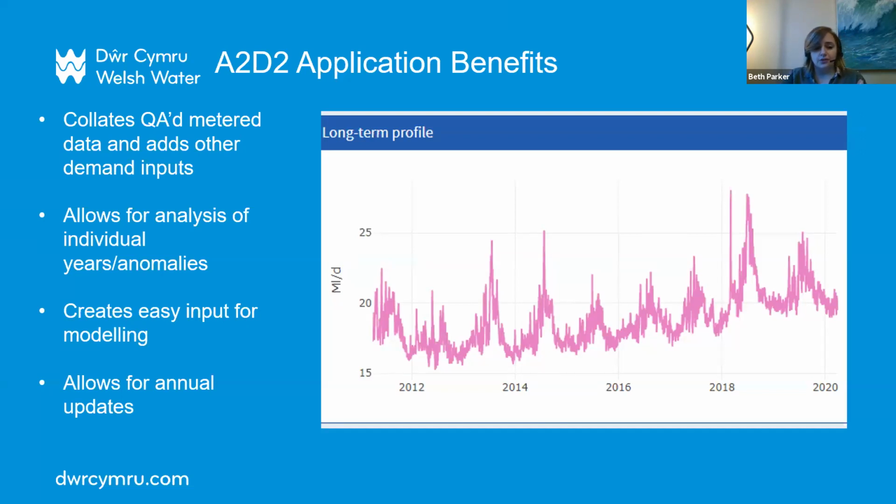We can analyze individual years and anomalies and take into account where network changes may have occurred and changed the data set we use to either model a scenario previous than that or after that. It creates an easy input for modeling. So our models can take the direct output of A2D2 as an upload. And so there's no need to change or set up the data.